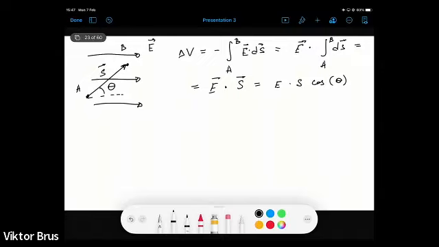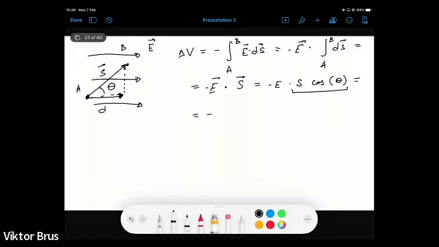What is important here is that this product S times cosine theta is the projection of the displacement vector on the direction of the electric field vector. Let's mark this projection as D. So we can write here, oh, I forgot these minuses here.